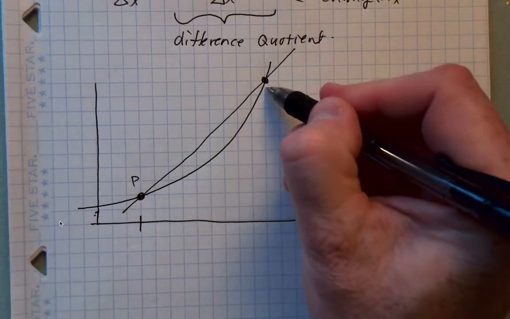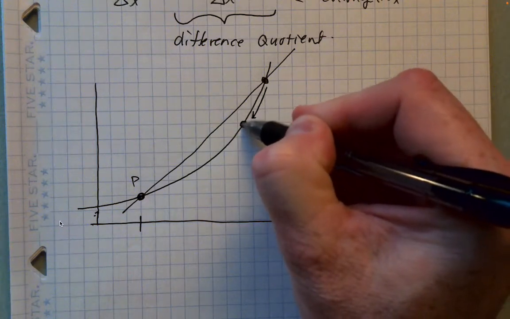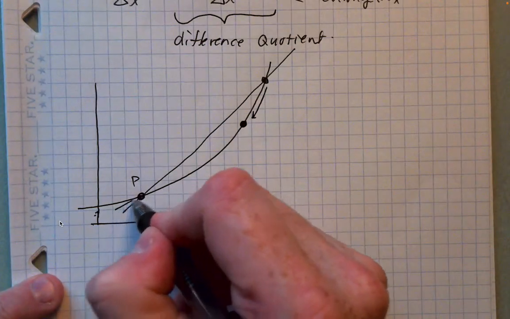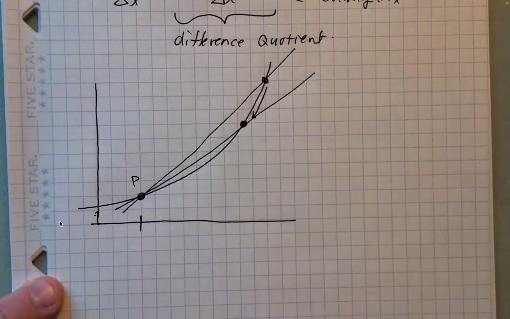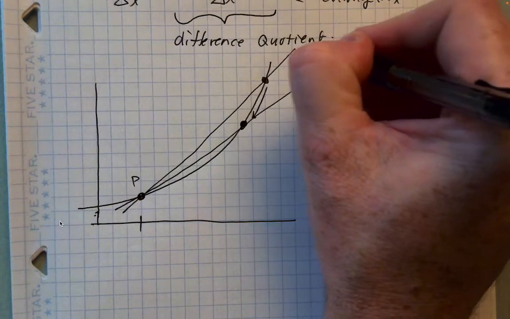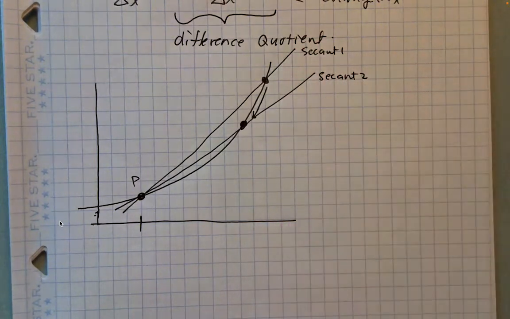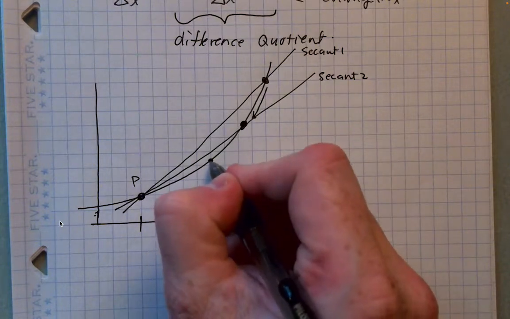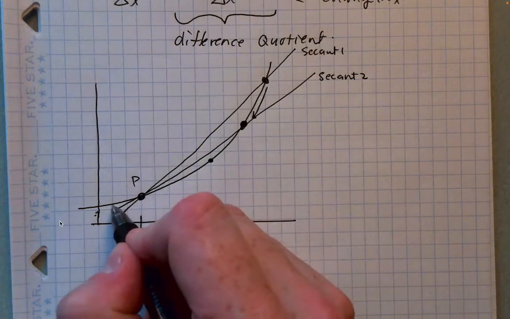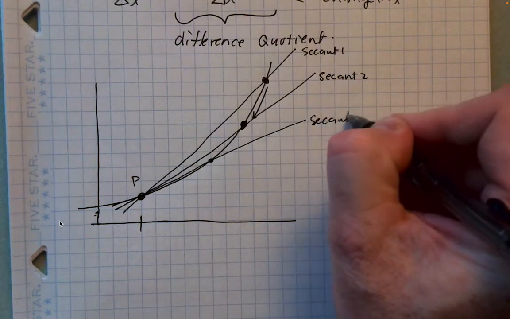Now, if I were to bring this closer, let's say we bring it down to here, there's going to be a new secant line defined there, cutting through those two points. So this could be secant 1, and this could be secant 2. And we could do it again and get a secant 3.